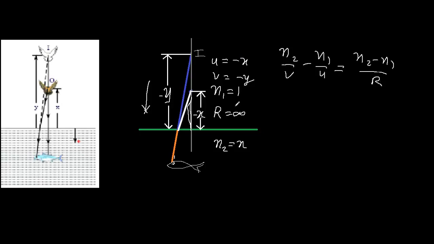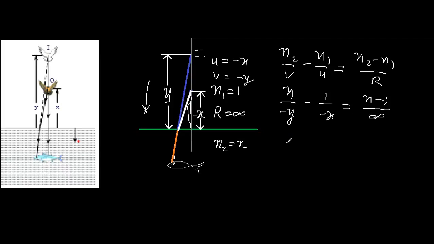Here N2 equals N. So N by V, and the image distance is minus Y, minus N1 by U, that is N1 by minus X, equals N minus 1 by R, and R is infinity.